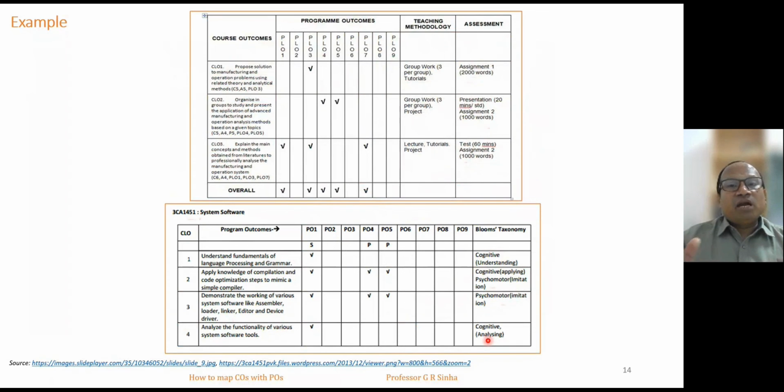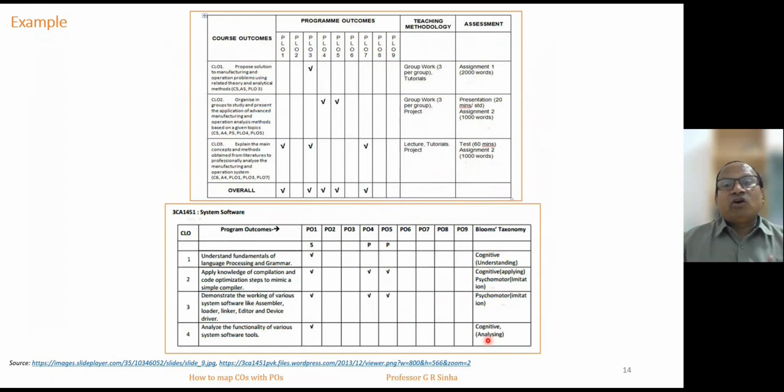So in the map, in the table, in the matrix, one is writing the course outcomes in the rows, writing the program outcomes in the columns, and we can also add what are the teaching practices, pedagogies which were used to attain a particular type of course outcome, and what was the assessment tool.